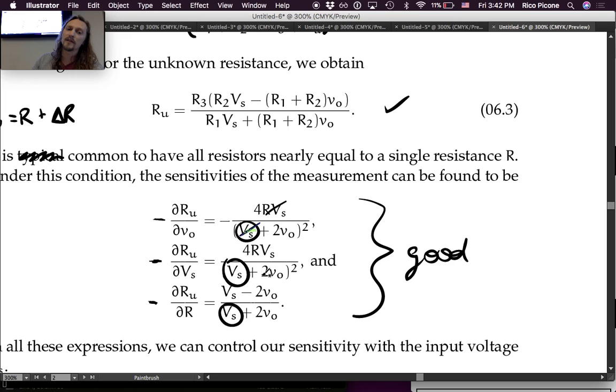Vs cancels, and you're left with sensitivities that are just reasonable numbers, like 4R. So those are nice sensitivities.